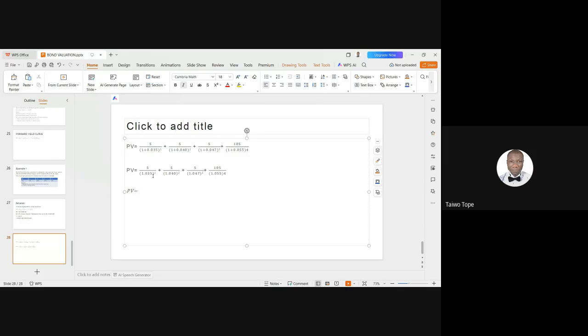Take notes. Now, 5 divided by 1.035 gives you 4.83. Plus for the second year, 1.040 to the power of 2 is 1.0816. When I divide 5 by 1.0816, I have approximately 4.62.